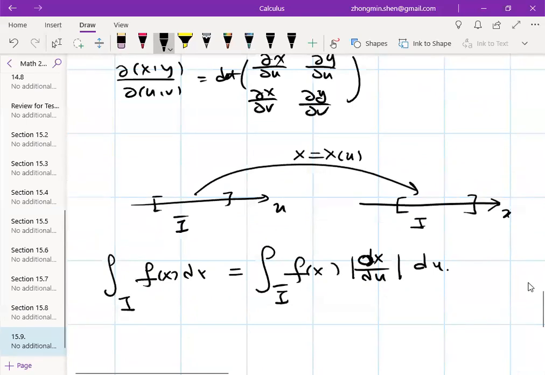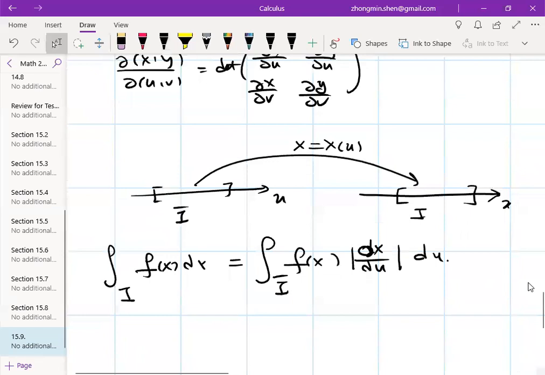So be careful: when dx/du is negative, then the interval will be reversed. This is a formula in the one-dimensional case.